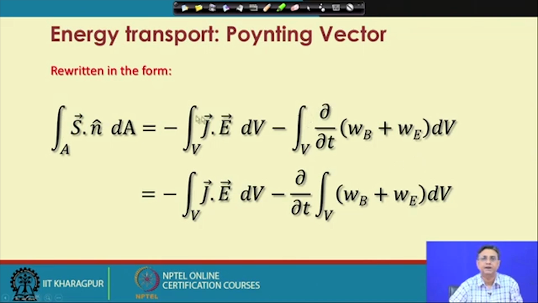So, we can write this equation. If you take del T outside the integral, then it represents the total energy density associated with the magnetic field and electric field over this volume, and del T of that is the rate of change.